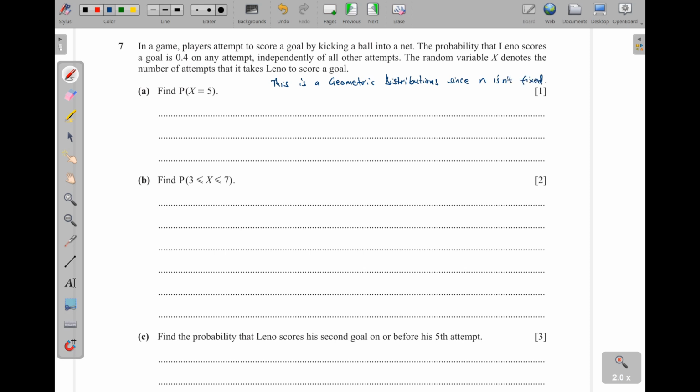Okay, so that is that. And our p is given as 0.4, therefore q has to be equal to 0.6.